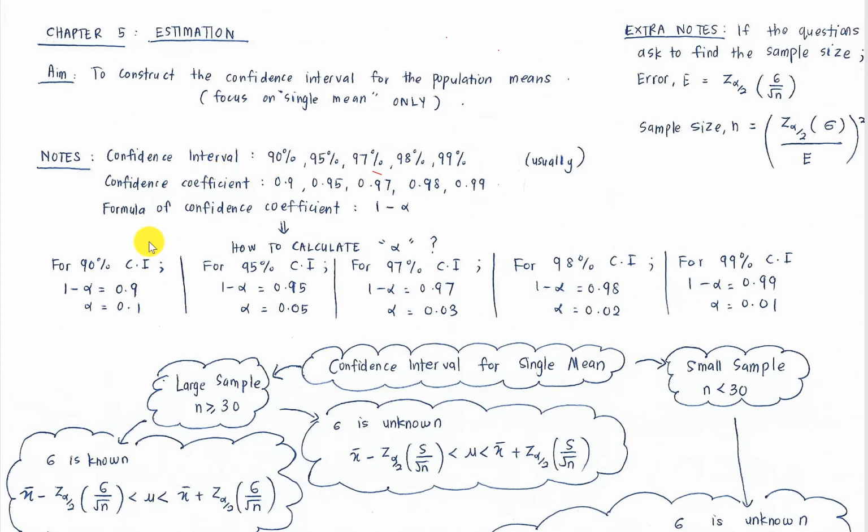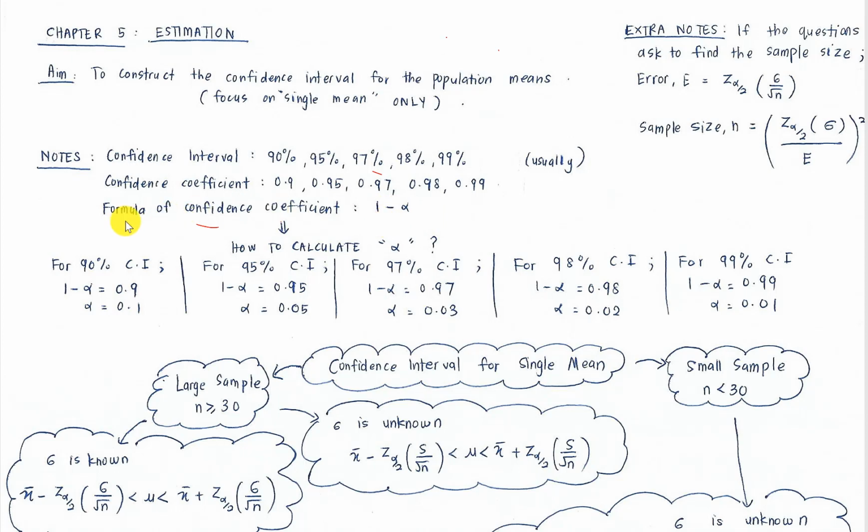Okay, so the formula of the confidence coefficient. This is your confidence coefficient 0.9. The formula is equal to 1 minus alpha. This one is very important. You have to memorize the formula of confidence coefficient. That means it's equal to 1 minus alpha.